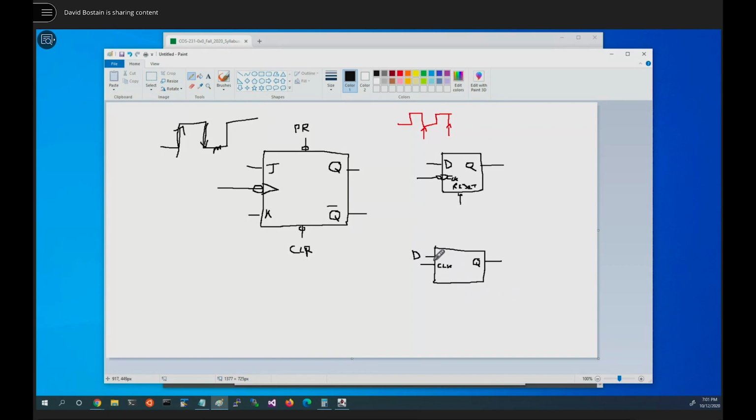Okay, so this is a D latch, just as he said, and it is clocked. What type of clocking? It's clocked on the high level. So it's a level clock D latch, meaning it's transparent when the clock is high. Okay, do one more of these and then we'll be on to our next adventure here.